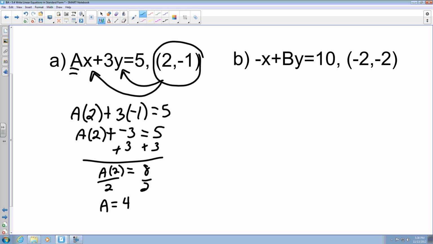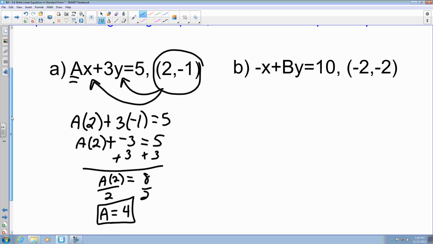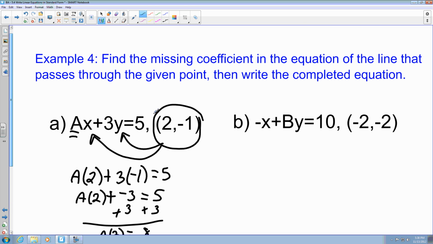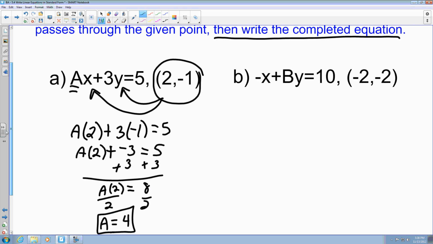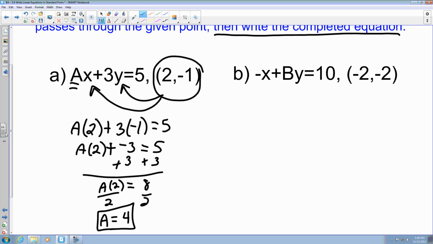So my missing coefficient was A equals 4. Now the second part of our question is they want us to write the complete equation. Now that I know A equals 4, I can rewrite this as 4x plus 3y equals 5. And that completes the question.